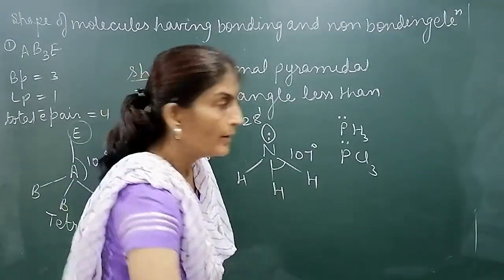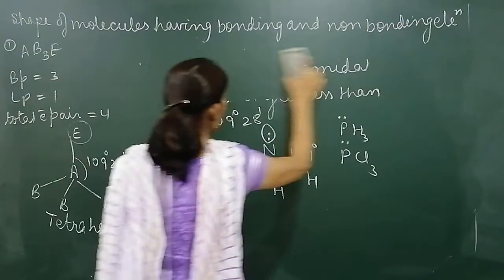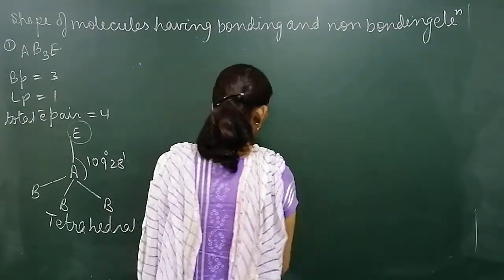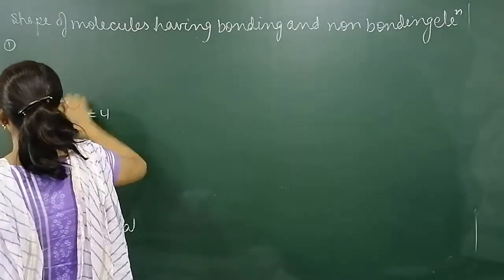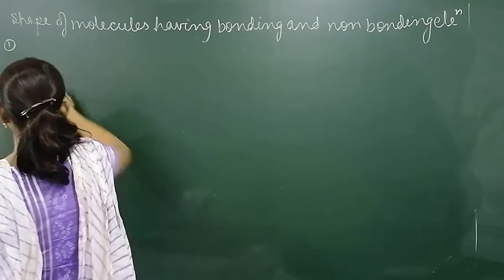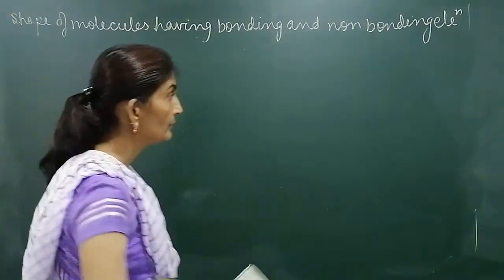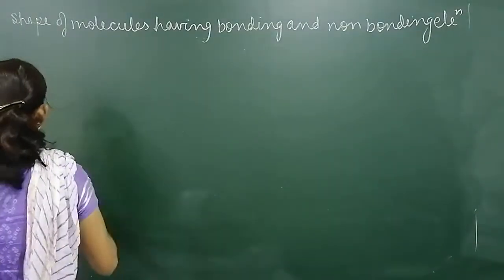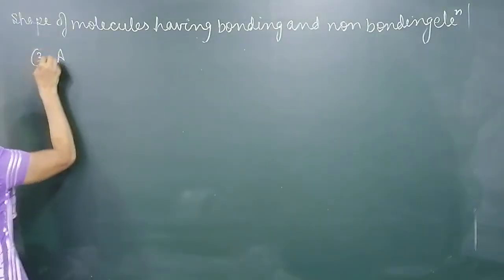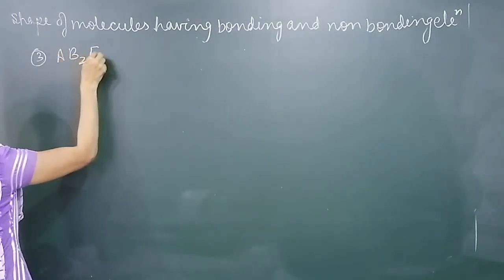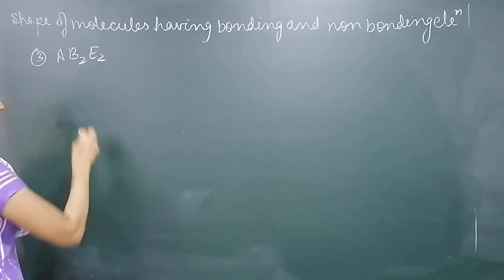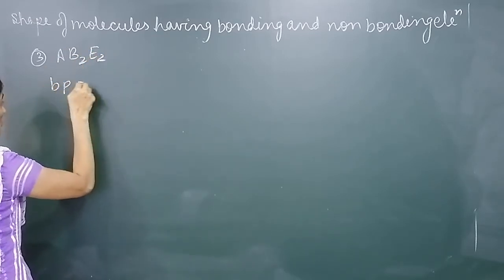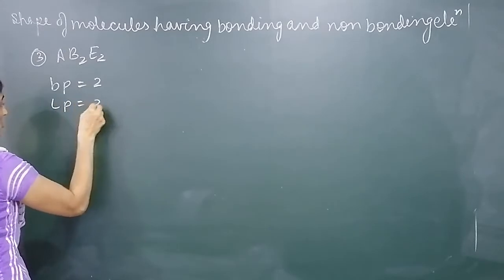Okay. Third type of molecule is AB2E2 type. Again, how many bonding pair? 2. How many lone pair? 2.